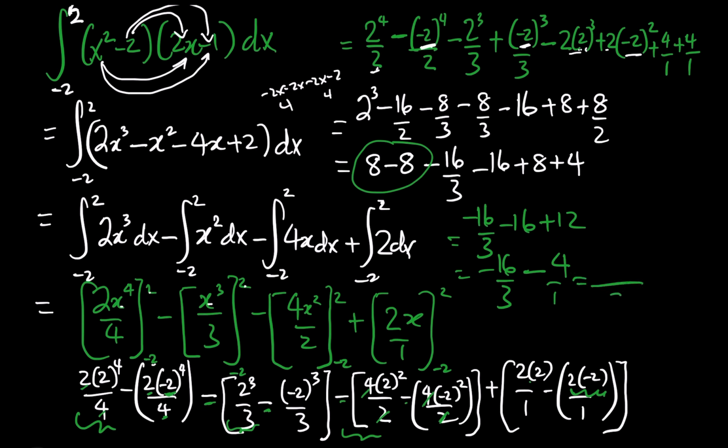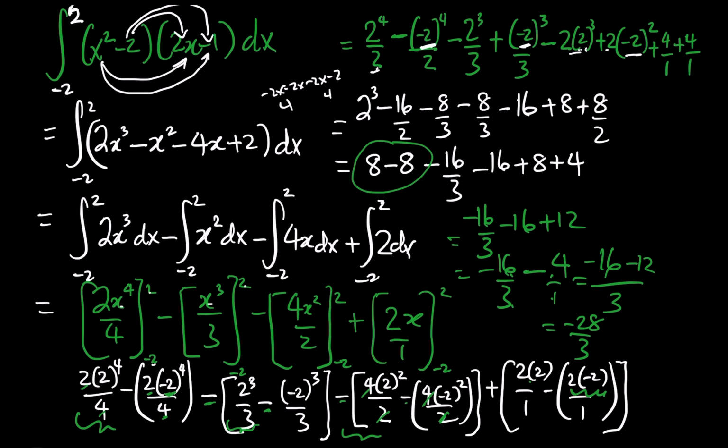LCM is going to be 3, so this multiplies to get negative 16, and then this multiplies to get negative 12 divided by 3. And we end up getting negative 28 over 3. So you can take a look at that again.